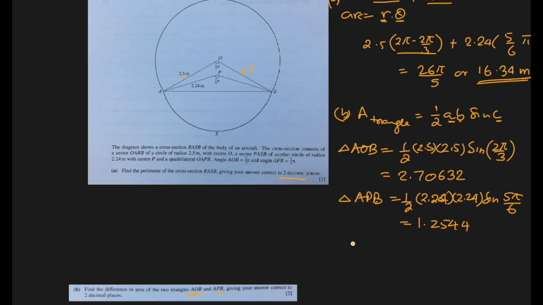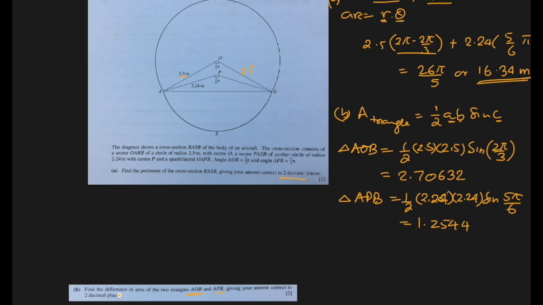Which comes out to be 2.70632. Now triangle, the other one, APB, half, but the radius this time is 2.24 and 2.24 sine 5 pi over 6. What I'm getting is 1.2544.